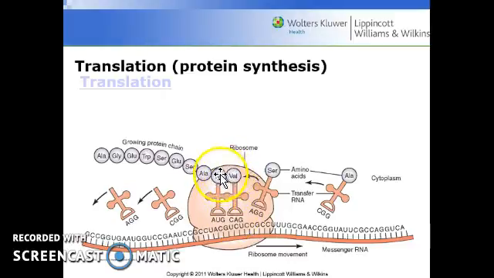Eventually, the amino acids form peptide bonds between each other, and when that peptide bond is formed, the transfer RNA is no longer needed. So the transfer RNA is going to leave the ribosomal complex and go back out into the cell system, and try to find more amino acids to carry into the ribosomal complex. That's why they're called transfer RNAs, because they transfer amino acids throughout this process.